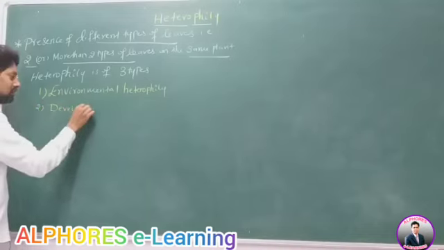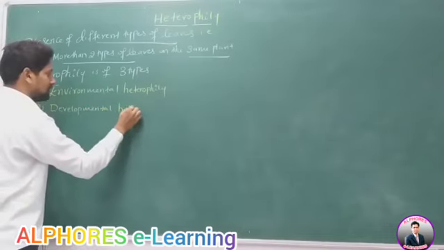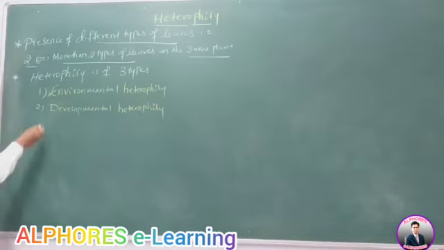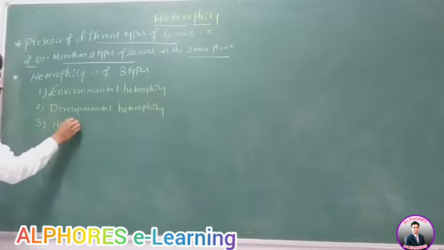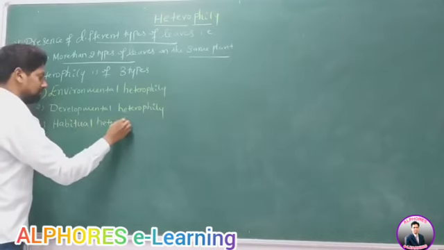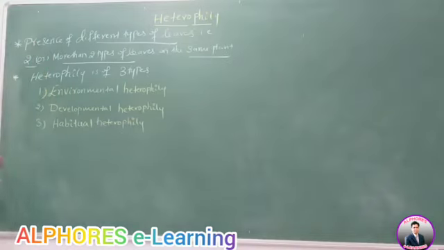Third one is habitual heterophily. Therefore, heterophily is of 3 types: environmental, developmental, and habitual heterophily.